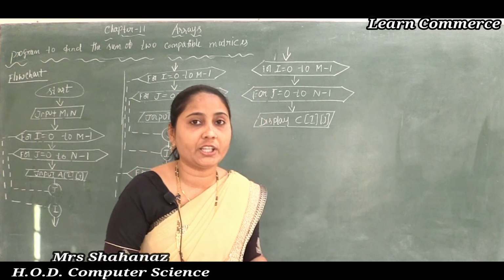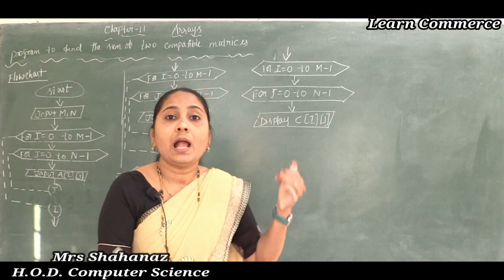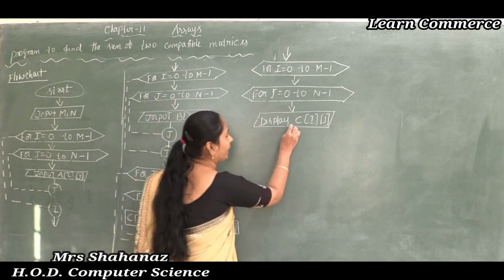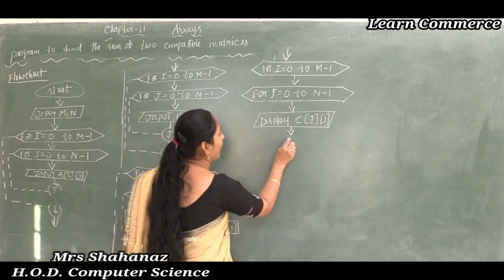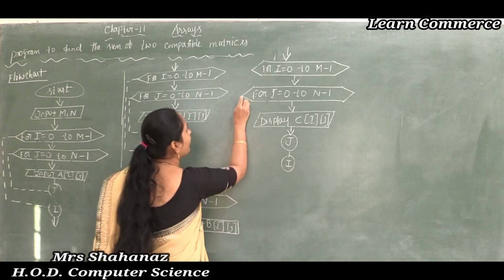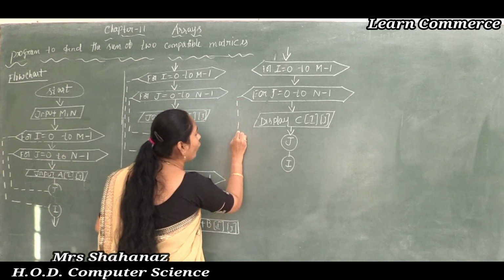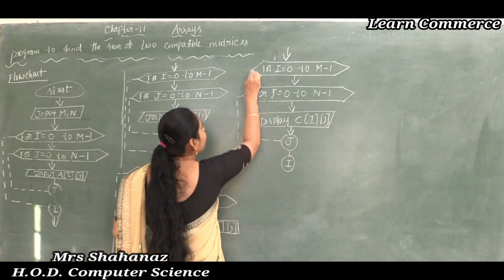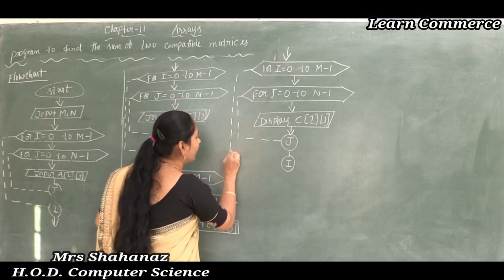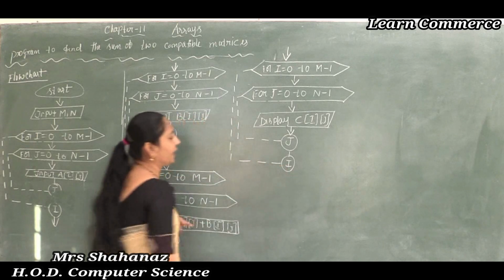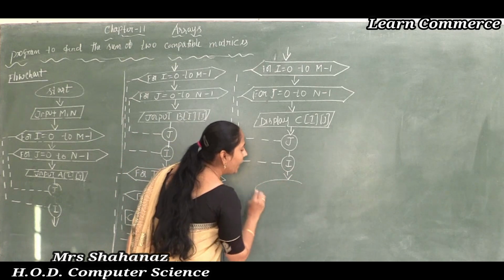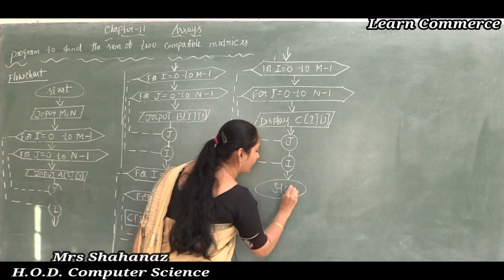By using looping conditions, here we can write for i is equal to 0 to m minus 1, for j is equal to 0 to n minus 1 here. And later, as we know, we need to make the connection, so it will go again and again just to display the result. So by using the connection to i and j, clear this one here, and later finally we need to stop the program, clear this point.